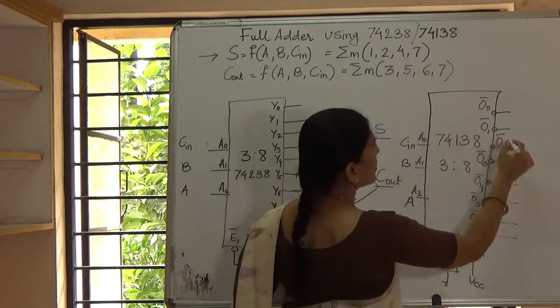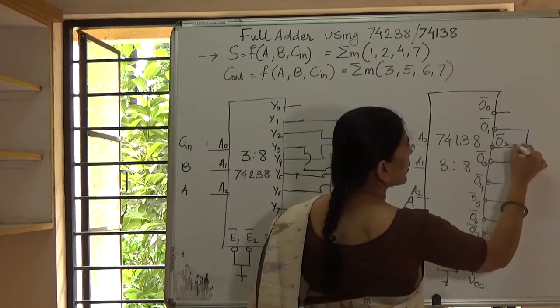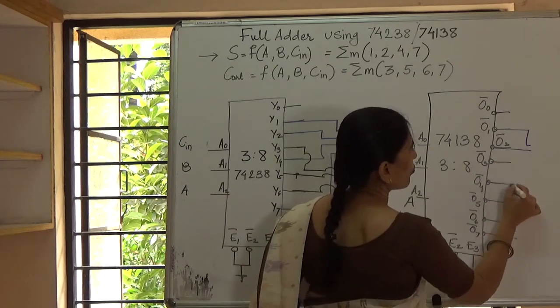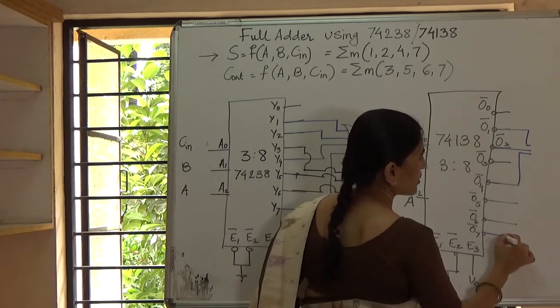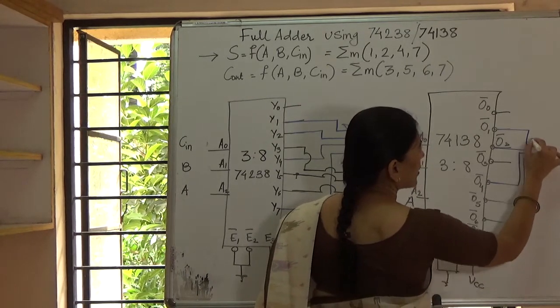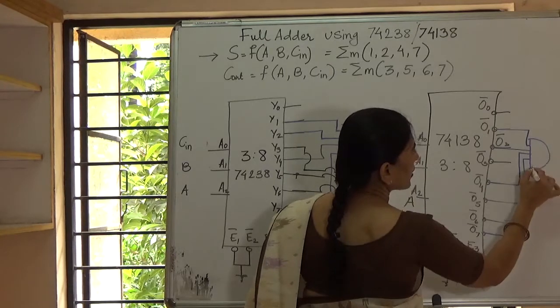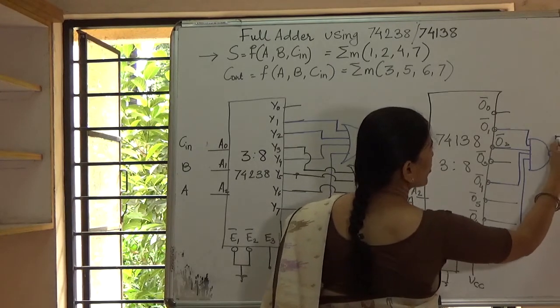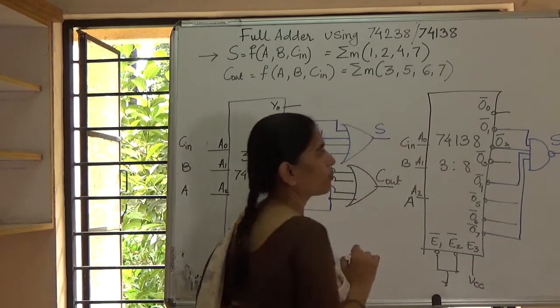So it is 1, 2, 4 and 7, and this output will now generate the sum output.